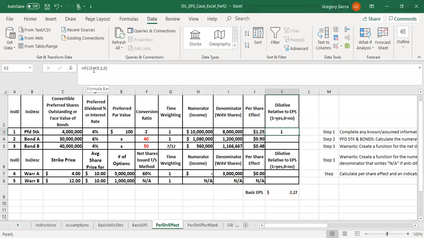And we have to make this fixed, F4. Okay. So 125, 90, yeah, those are all pretty low relative to basic.